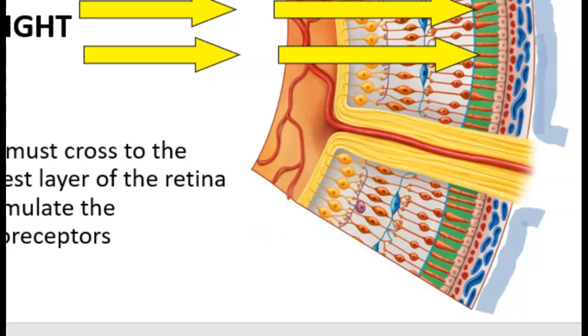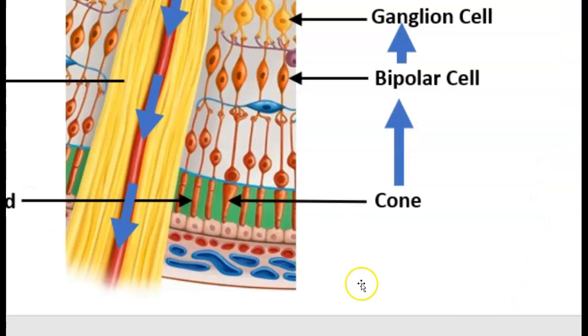The second take-home message has to do with the path that light travels after the photoreceptors, the rods and the cones, have been stimulated. So we have the rods and the cones really deep, and they are stimulated, and they communicate then with the bipolar cell. Well, now the signal, the neural signal, is moving forward anteriorly, as is true from the bipolar cell to the ganglion cell.